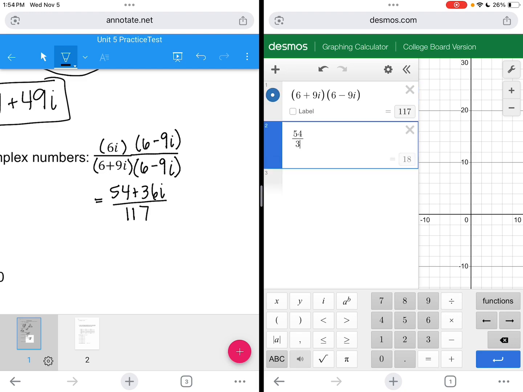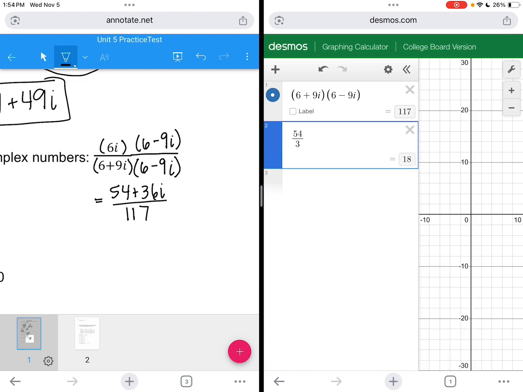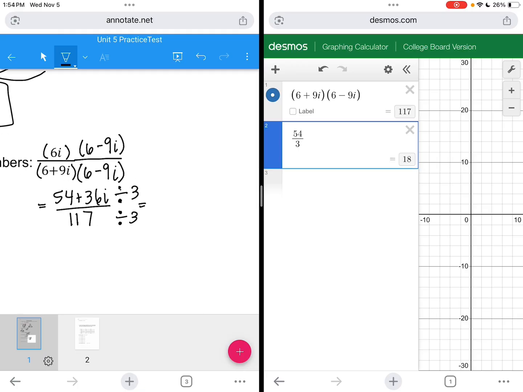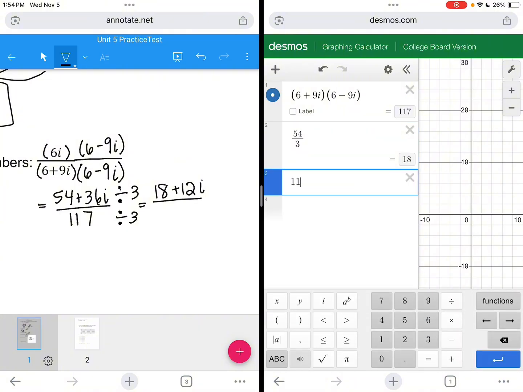54 divided by 3 gives us 18. So let me divide by 3. So that's going to give us 18 plus 12i all over 117 divided by 3 would give us 39.